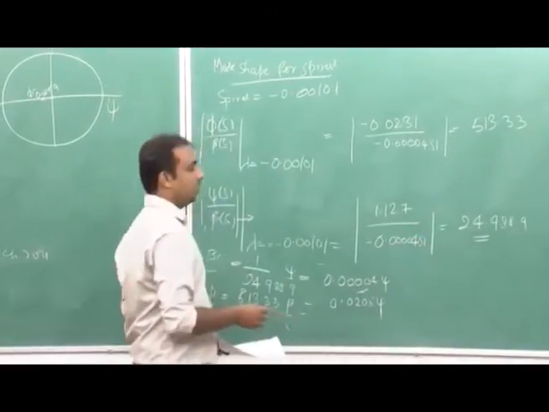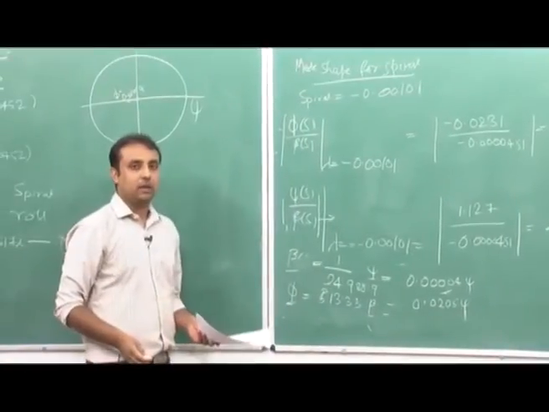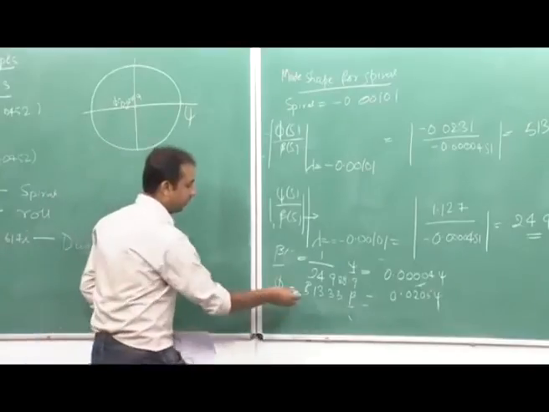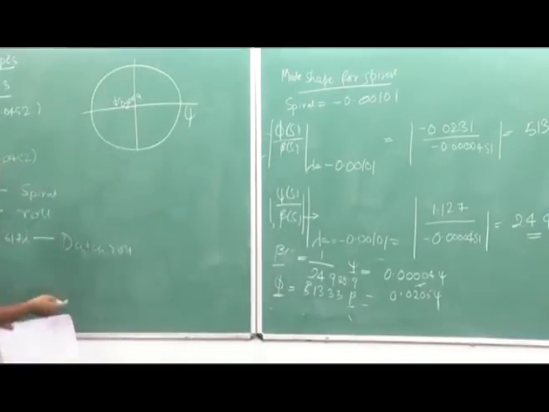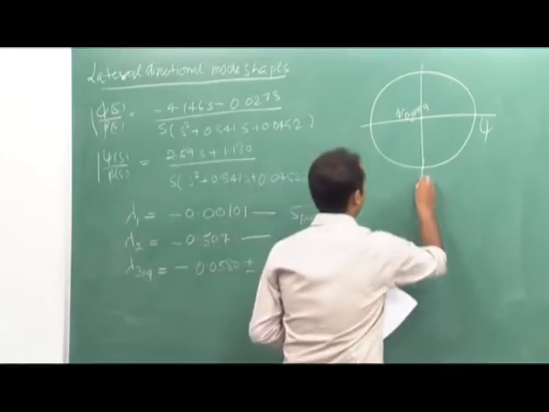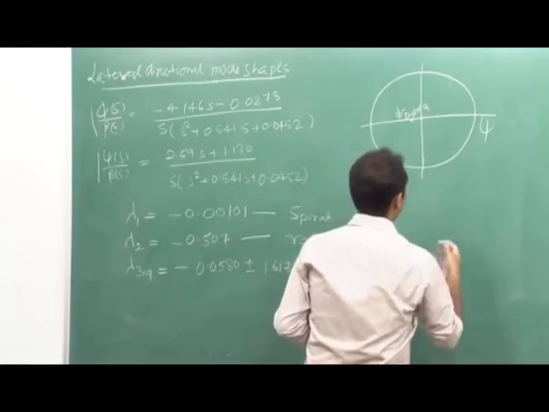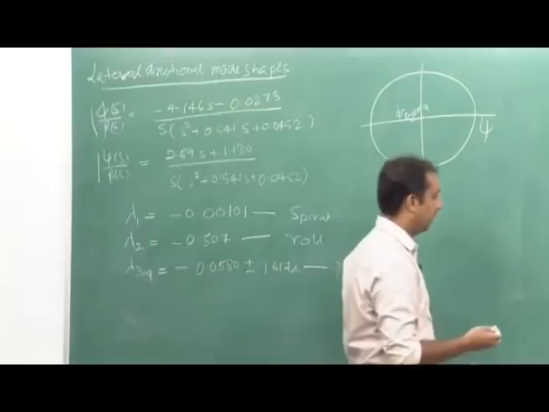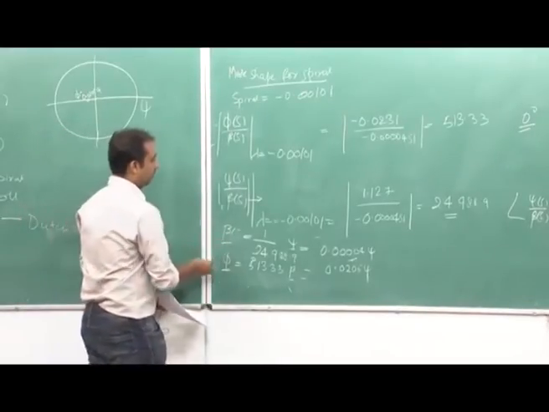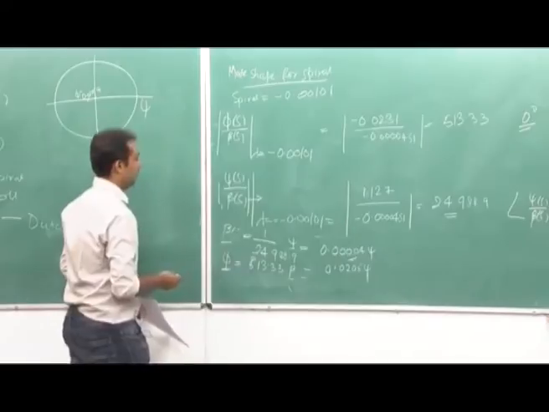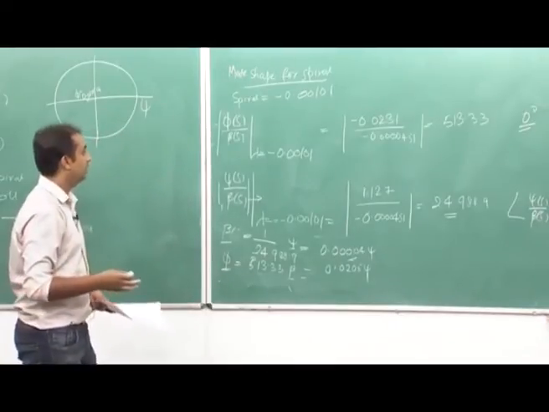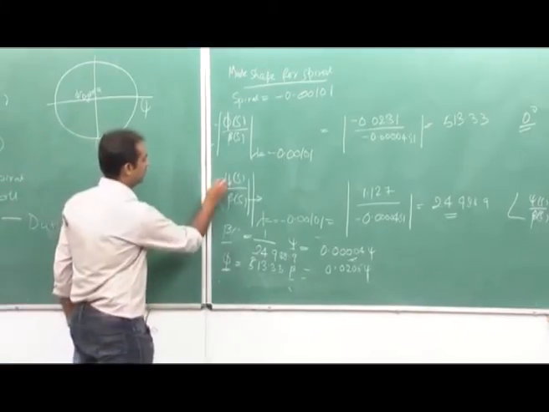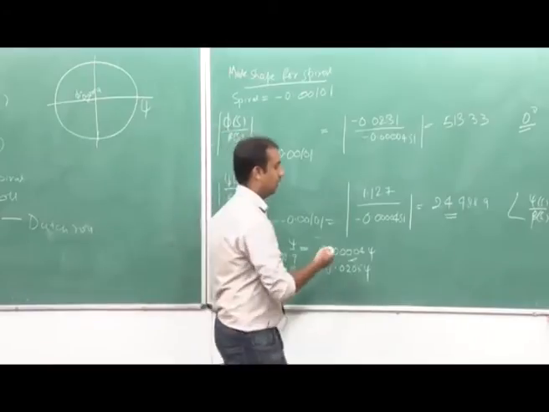So beta or side slip angle plays a very insignificant role in spiral mode, and as you can see, the relation between phi and psi is 0.025 with phase difference of 180 degree. So it can be plotted as seen in spiral mode. We can infer that beta is very small since the ratios are very large, so you can neglect that, and spiral mode is majorly concerned with your heading, since the ratio of psi(s) upon beta(s) is very large.